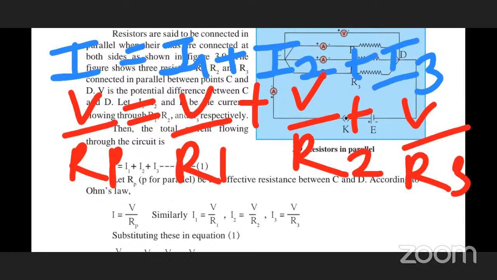In the last equation, what we have done? V की जगह 1 आएगा। कैसे आएगा V की जगह 1? कैसे आएगा बताओ?